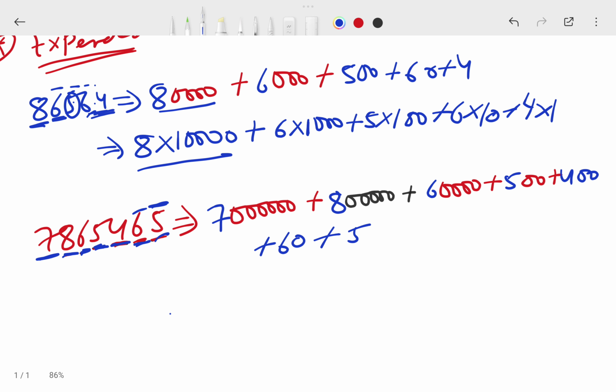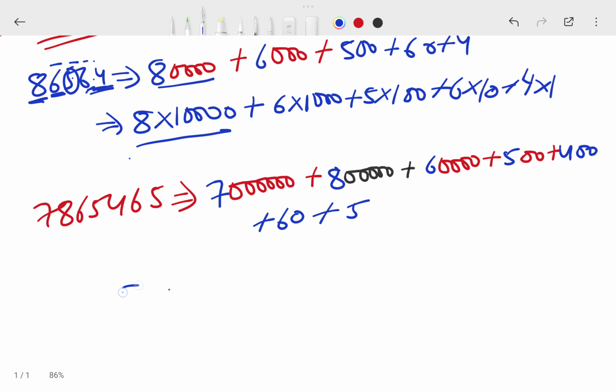Over. So now if you want to write this in the other form, how you can write? Simple. This is given 7, write 7 times 1. First 7 times 1. How many digits are there? 1 2 3 4 5 6. Put 6 zeros. Over. Now what is given? 8 is given.